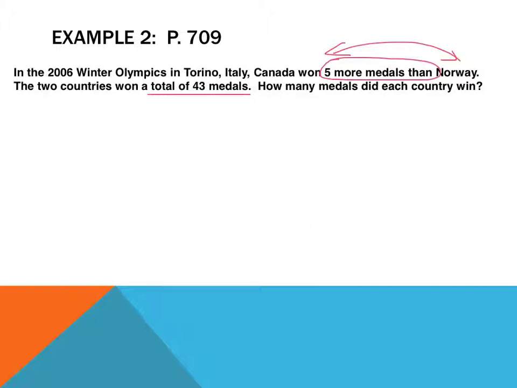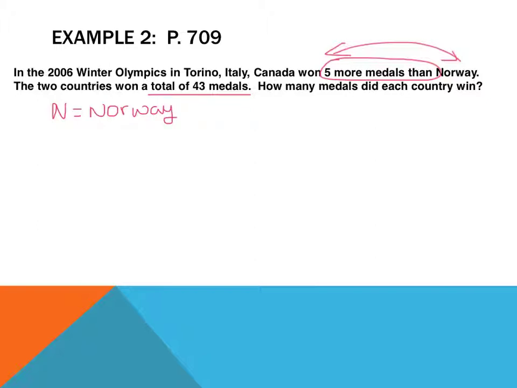How many medals did each country win? So, we need to list what our variable is. So let's say that I label my variable n for the number of medals that Norway won.